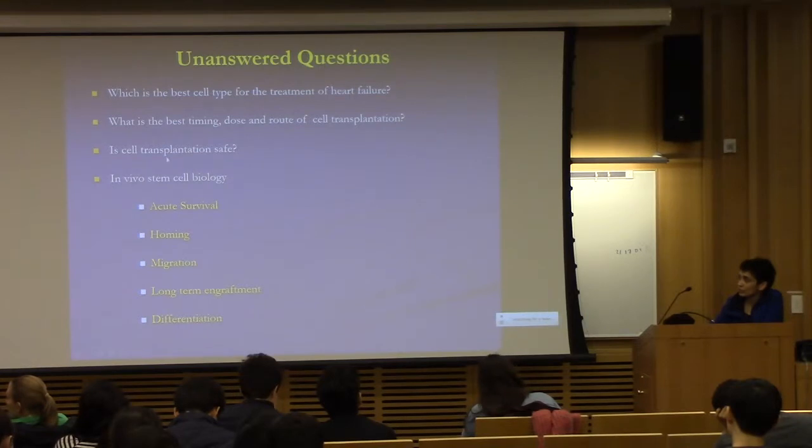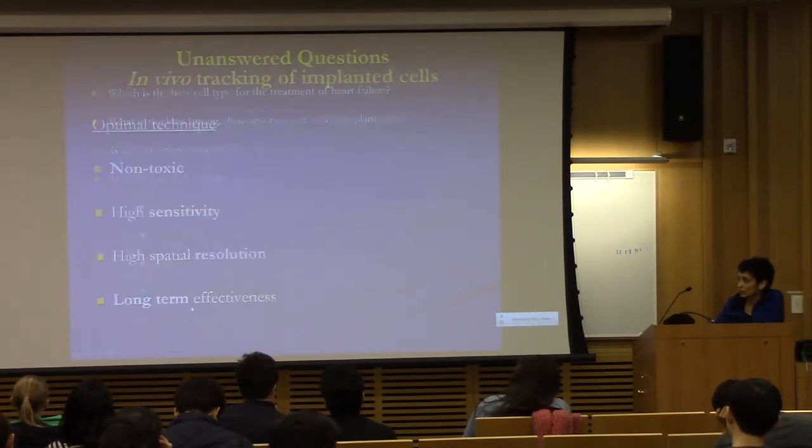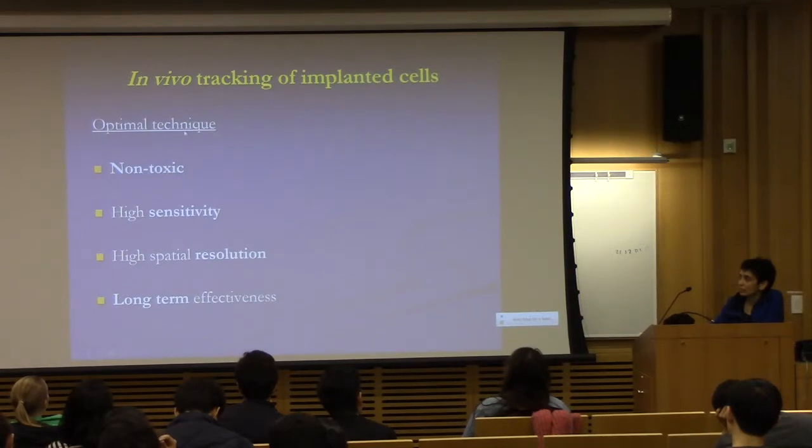Is cell transplantation safe? And then the ideal thing to optimize the cell benefit would be if you could follow cells in vivo. You'd like to look at their acute survival, homing, migration, and engraftment. So that gets me to the next topic, which is in vivo cell tracking. We don't do this in patients, but it's something that you can do in experimental models.